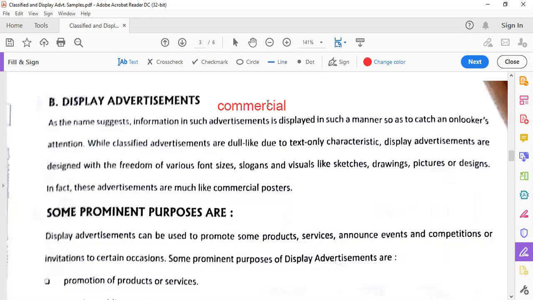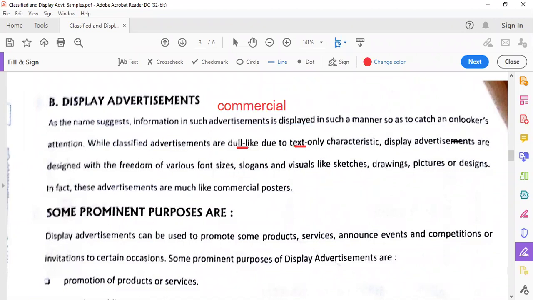So what is the difference we have found? That in classified ads, we have only a dull view because it is given only in the text form. Do you understand? Text form means only words are written, limited words in a particular size of column.